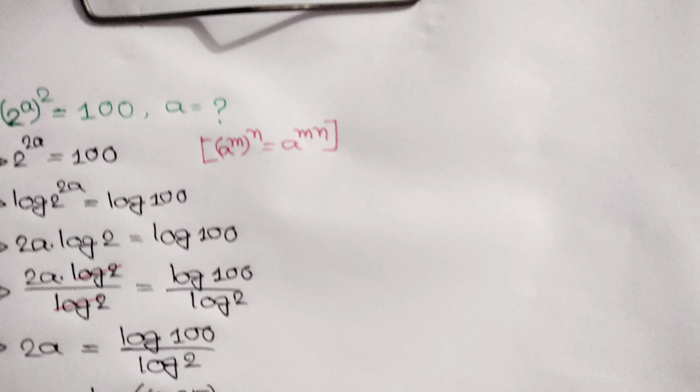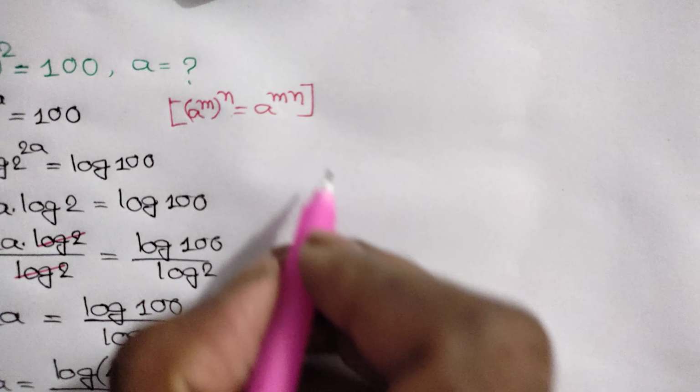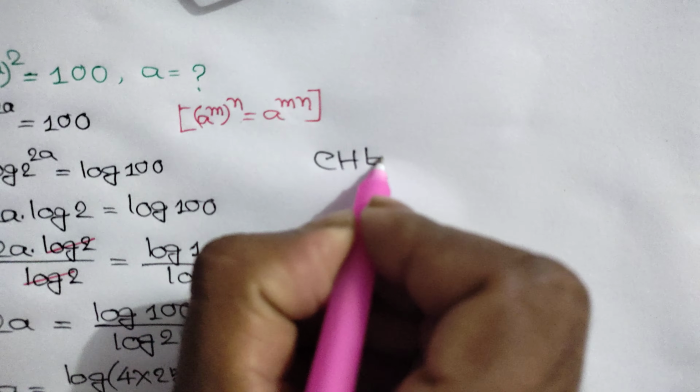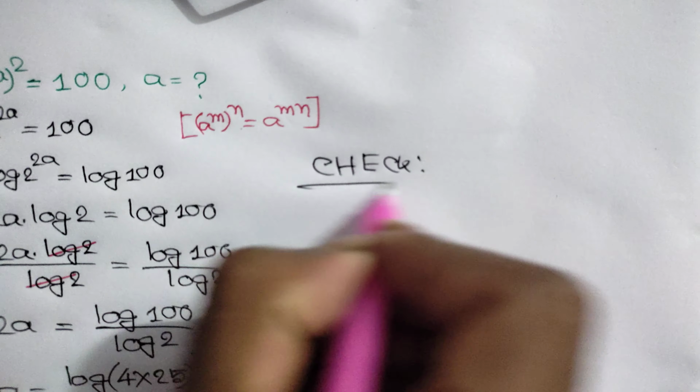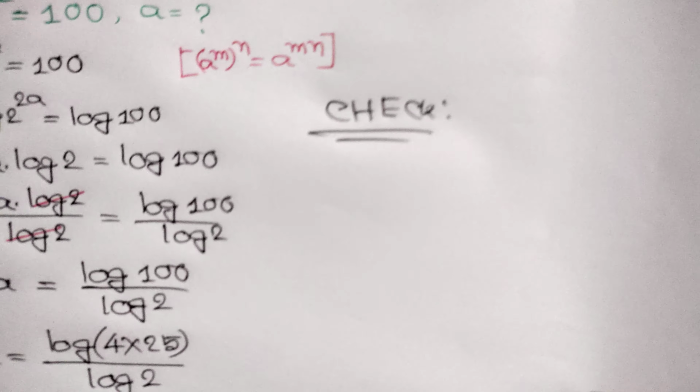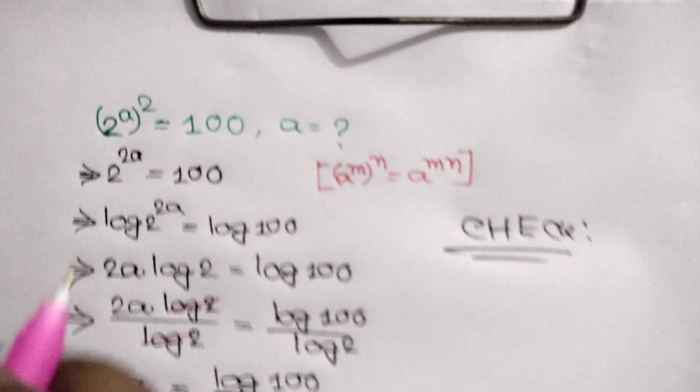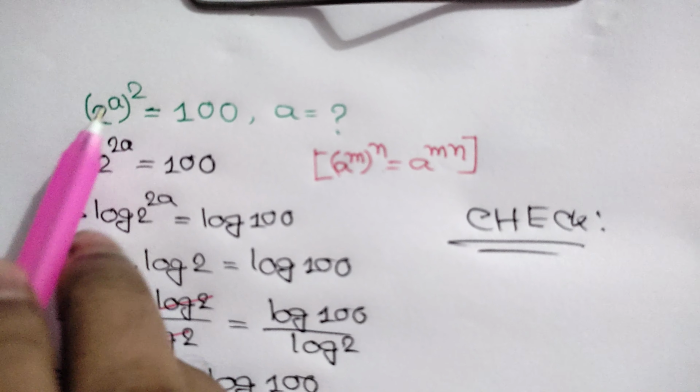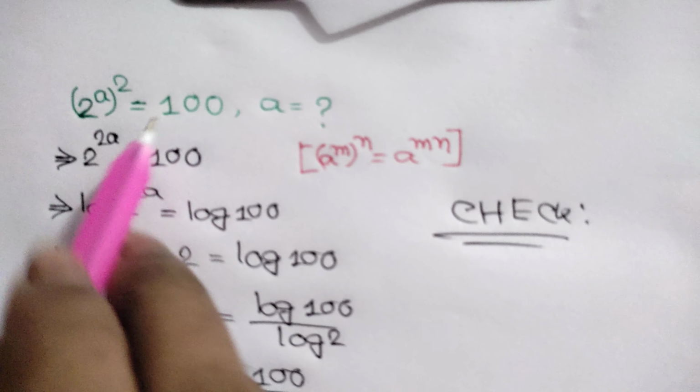Now let's check. The question has given (2 to the power a) whole square is equal to 100.